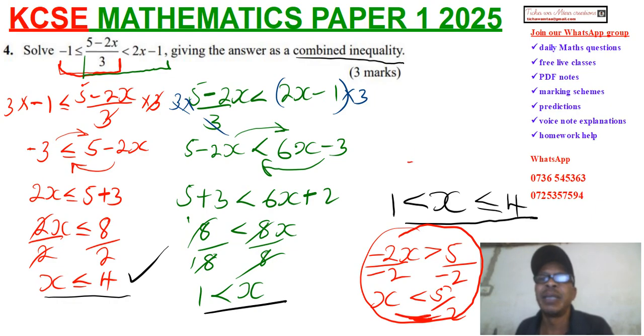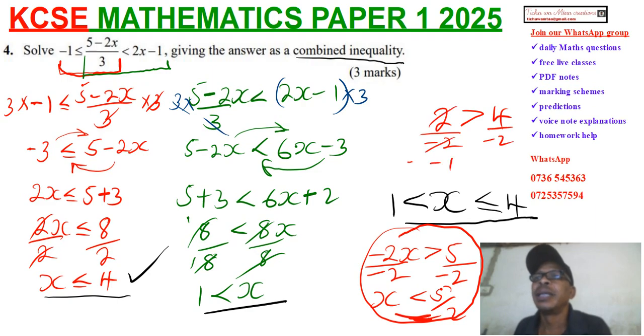We say 2 is greater than minus 4. That's a fact. Suppose we divide both sides by minus 2. We get minus 1 and, on the other side, 2. If we maintain the sign, minus 1 is greater than 2, but you see here, it is not true.